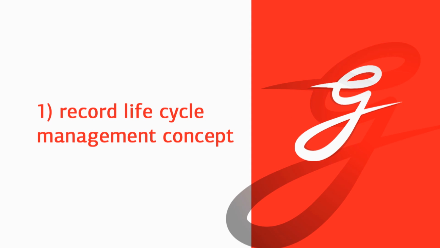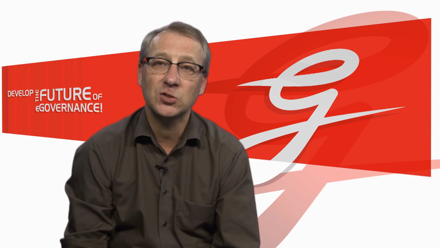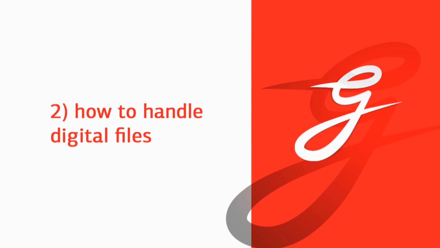First, the records lifecycle management concept must be put on these items. This is a general concept and not so different from paper archive. Second, you need to do some special activities when you're dealing with digital items, usually files.